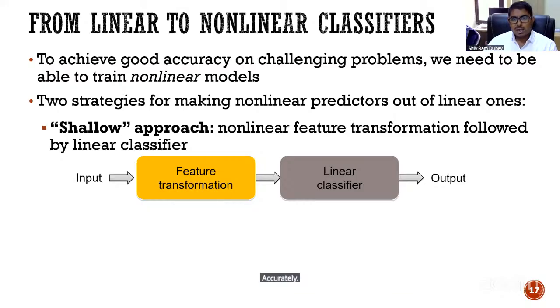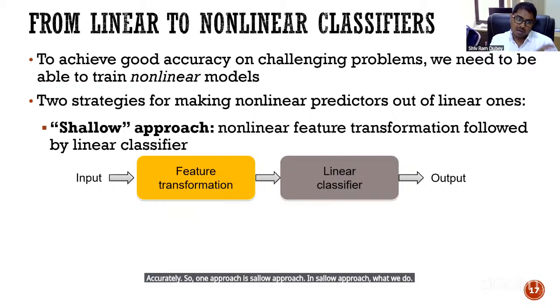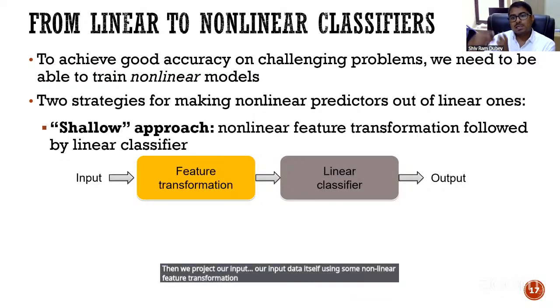In the shallow approach, we project our input data itself using some non-linear feature transformation such that in the transformed feature space it becomes linearly separable. And if it becomes linearly separable in the transformed space, then we can have a linear classifier on top of that to perform the classification. This is the shallow approach, which was usually done before deep learning came.